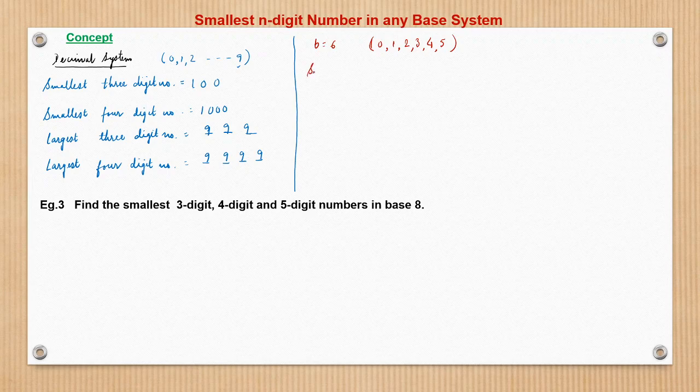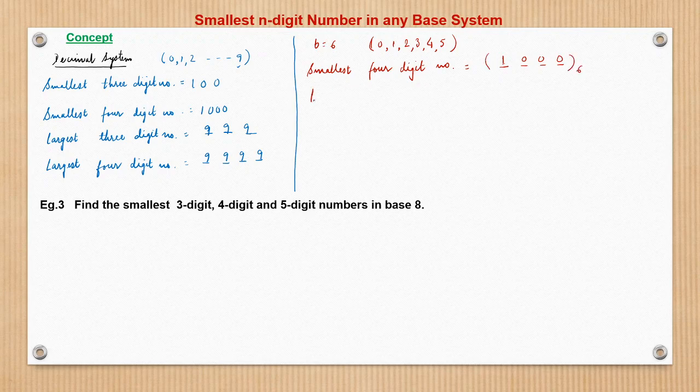The smallest 4-digit number would be what? It has to be 4 places and this first place cannot be 0, because otherwise it will be a 3-digit number. So it will be 1, and for the number to be smallest, the rest of the number has to be 0. So this is the smallest number in base 6, right?